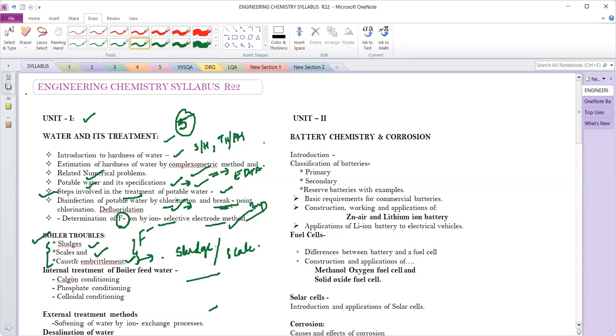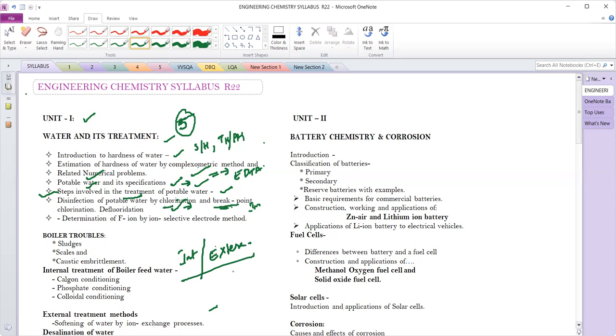Next one is internal treatment of boiler feed water. There are two different types of water treatment related to boiler feed water. One is internal and another one is external. So what is the difference between the internal treatment and external treatment of boiler feed water?